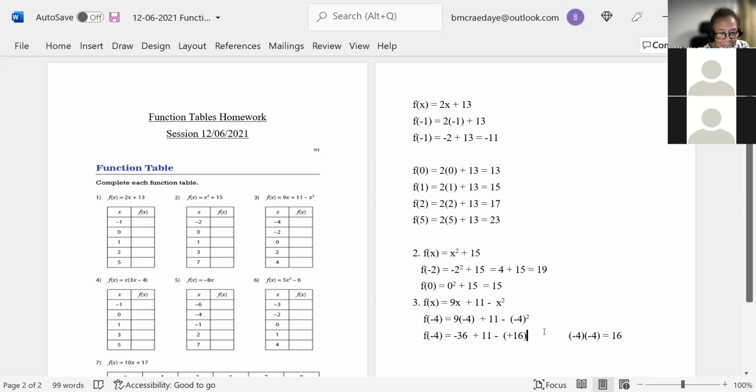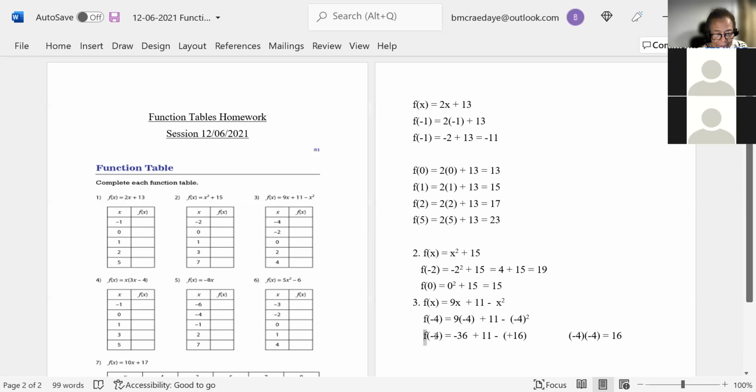So what's a minus 36, a minus 16, and a plus 11? We remember this is a minus 36, a plus 16, because a minus plus becomes a minus.